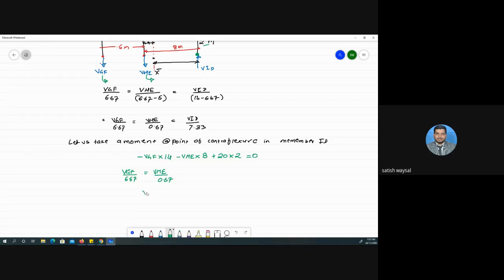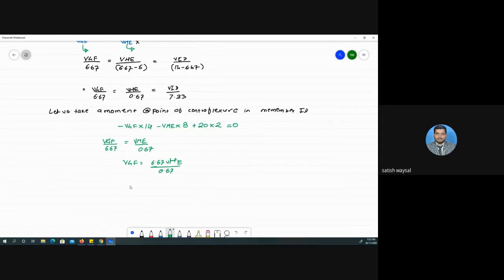Let us consider that VGF is equal to 6.67 VHE divided by 0.67. How much is it coming? 9.955. So VGF is equal to 9.955 VHE.